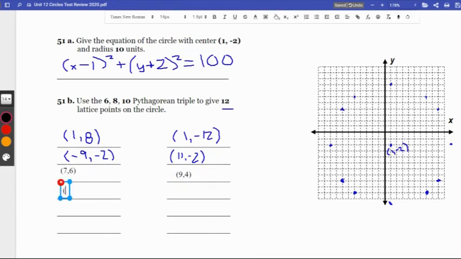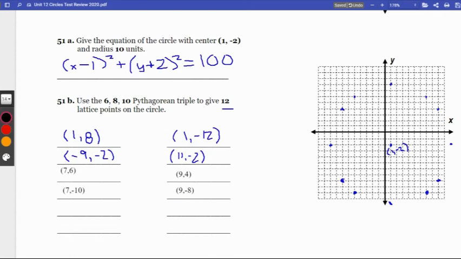Or I can add 6 and then subtract 8. That'll bring me down to -10. Or add 8 and subtract 6. So at this point, I've gotten these 4 points over here.